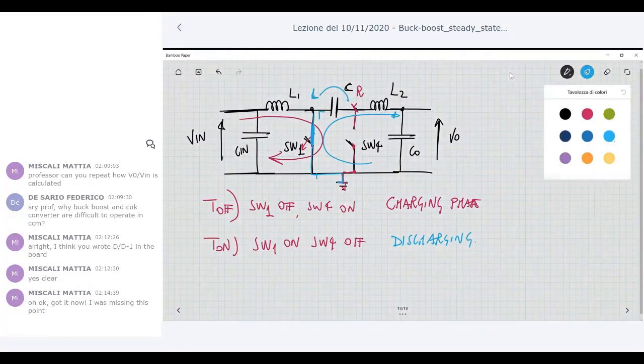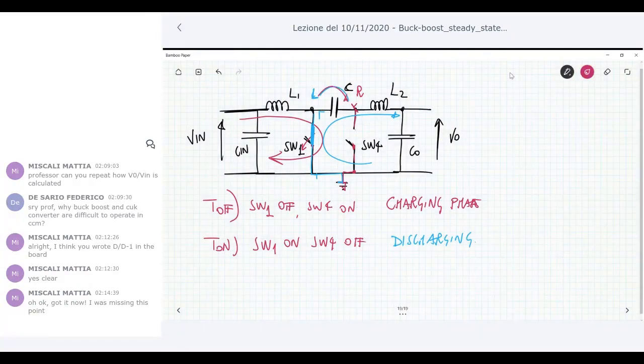Now consider the polarity of the voltage across this capacitance. During the charging phase, the capacitor is charged with this polarity: the plus is here and the minus is here.